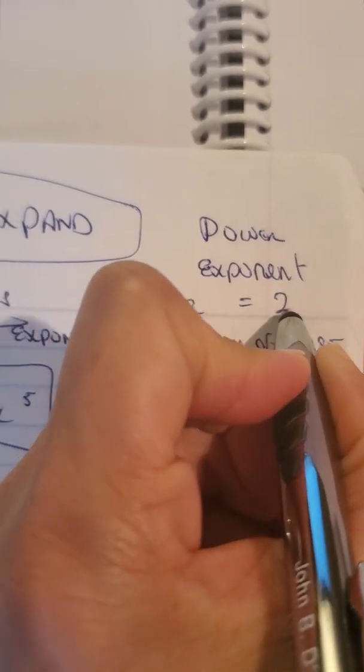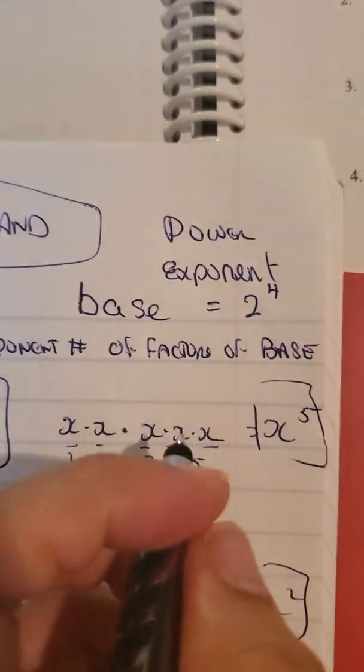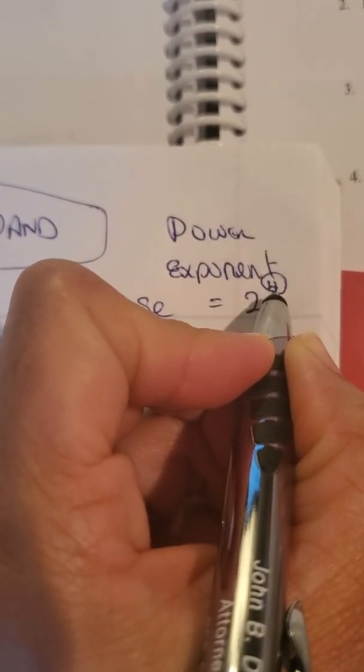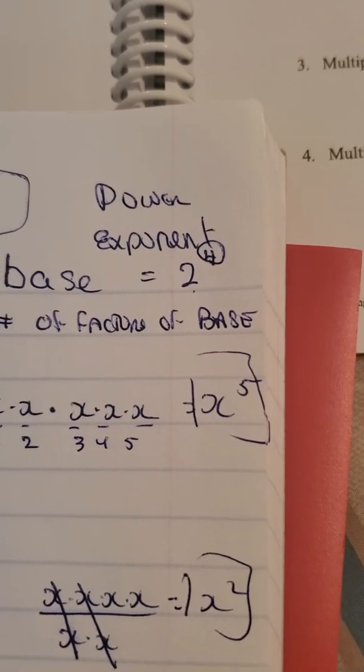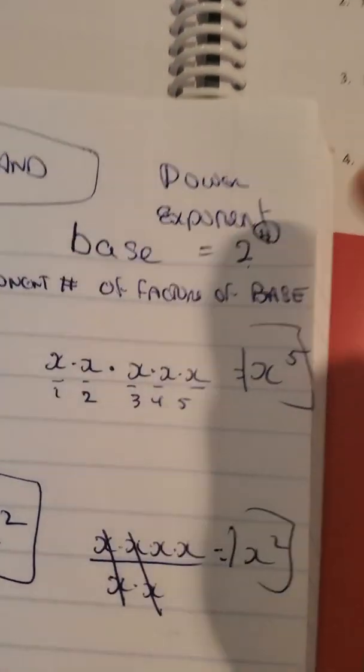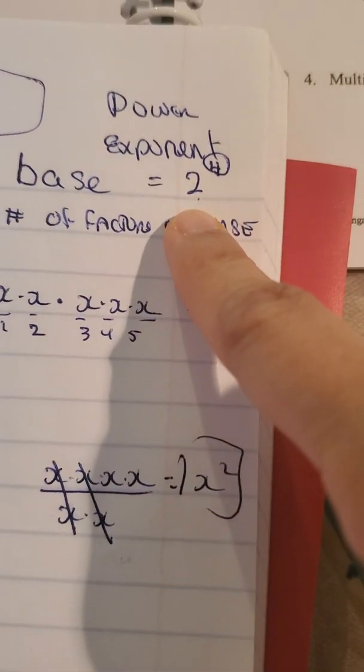So if my base is 2 and my exponent is 4, this exponent is basically saying I have 4. You guys see my 4? I have 4 factors of my base 2.